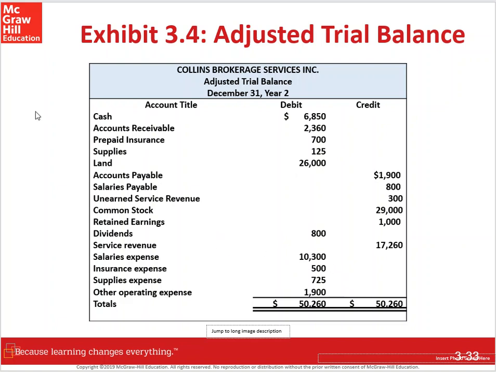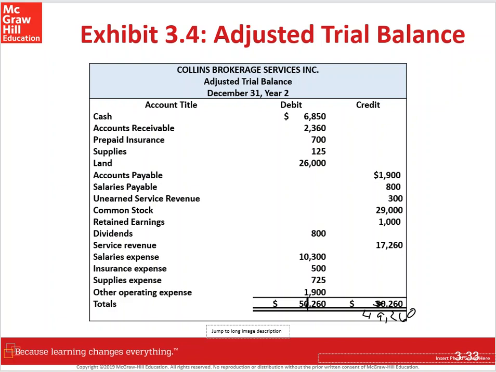So let's say hypothetically, you do your trial balance and you add everything up and you've got 51,260 in the debit column, and in the credit column you have 49,260.